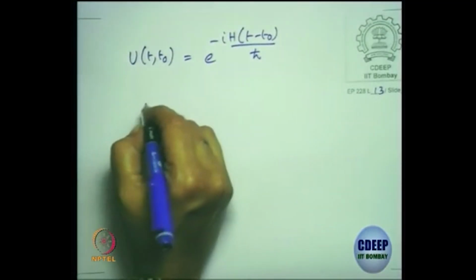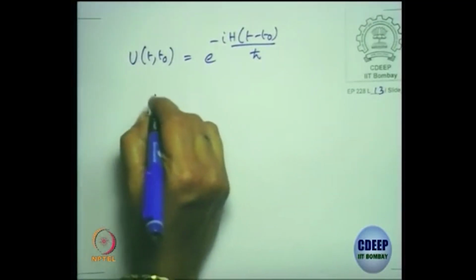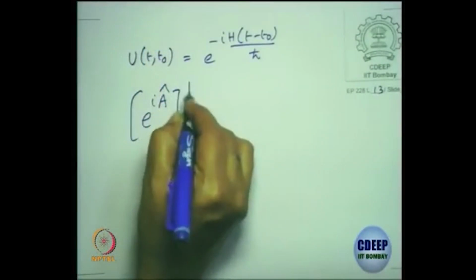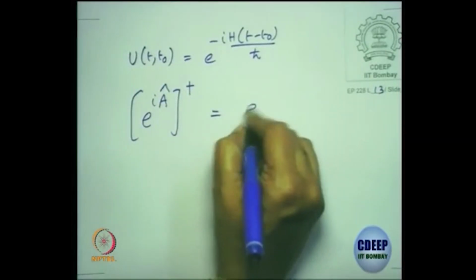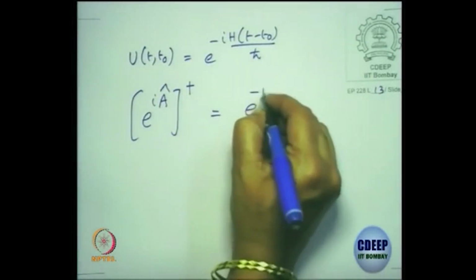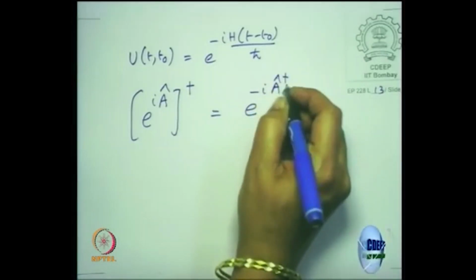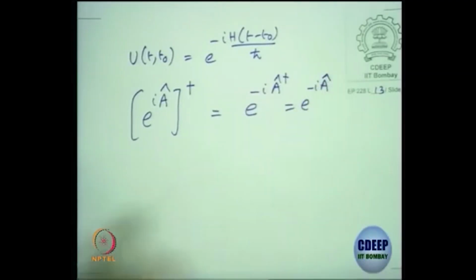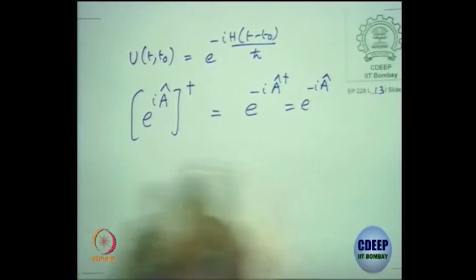It has this property that, by the way, for e to the power of i A hat, where A hat corresponds to an observable, A hat is equal to A hat dagger. If I take the dagger of this, it will give you e to the power of minus i A dagger, but A dagger is the same as A, right? So this is not Hermitian.